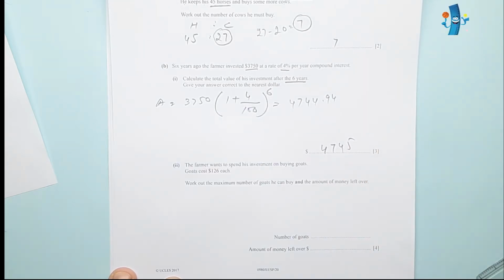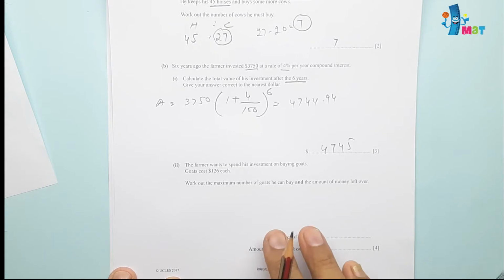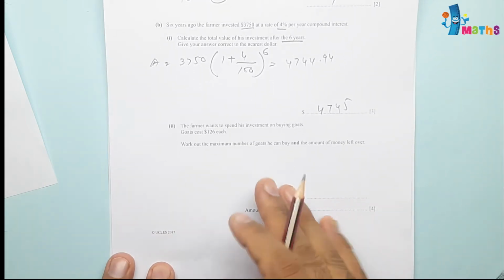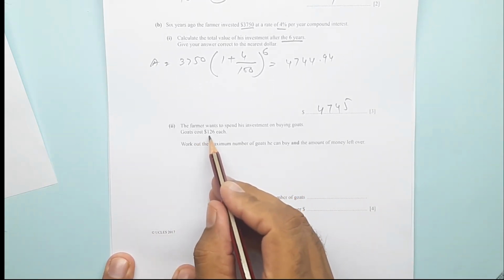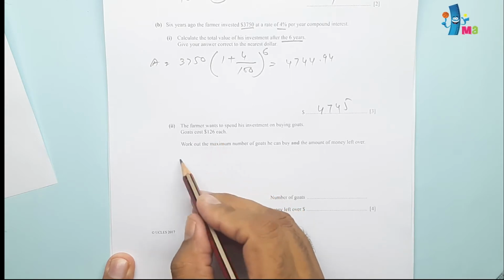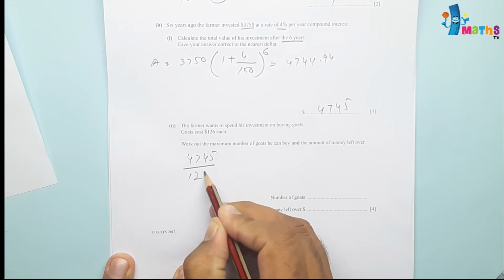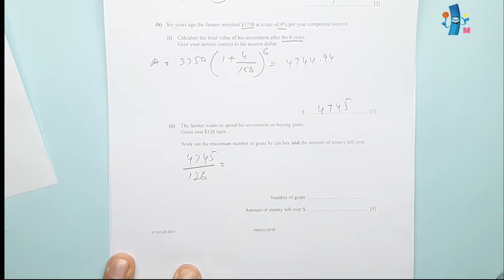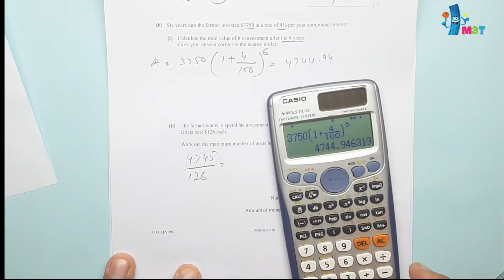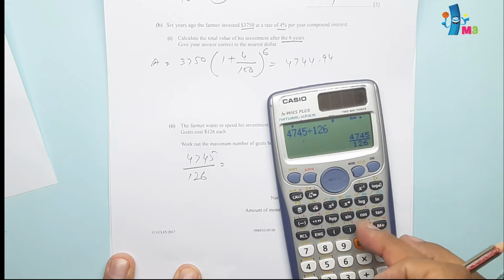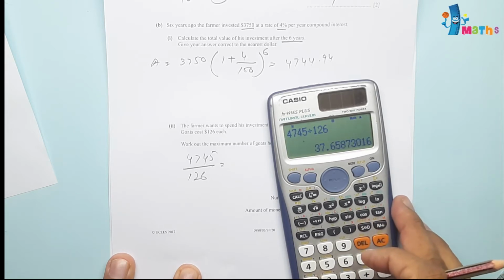The farmer wants to spend his investment on buying goats. Goats cost $126 each. So 4745 divided by 126 will be equal to 37.65.